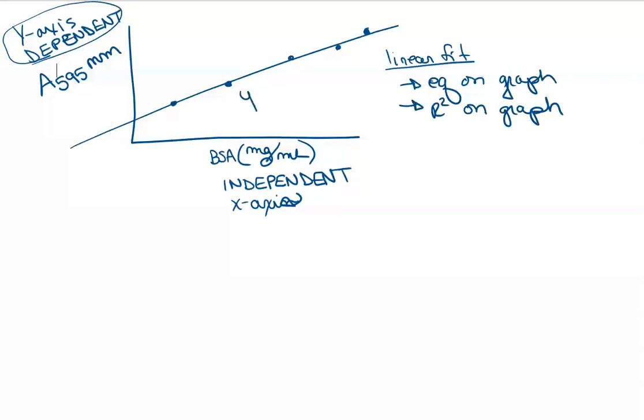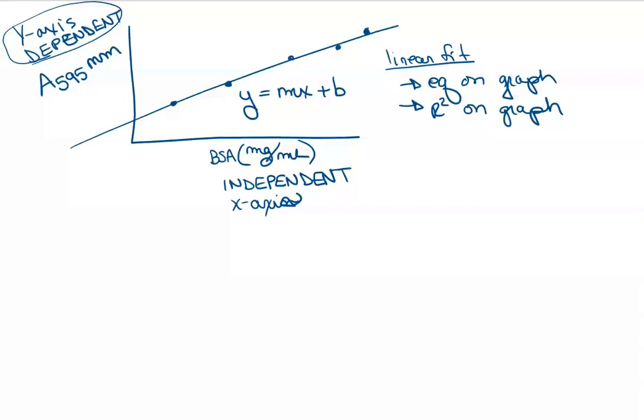And so you will have some equation that is done by a least squares regression in Excel for you. And you get this equation on the graph. This equation will now permit you to determine the concentration of protein in your unknown samples based upon the known concentration of BSA in each standard curve point.